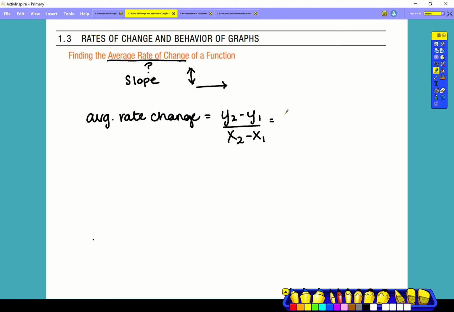So what that means is that it is the change in, and it's this weird triangle with a shadow. And this is called delta. So it's read change in y over change in x, or delta y over delta x. And they mean these things, these guys.